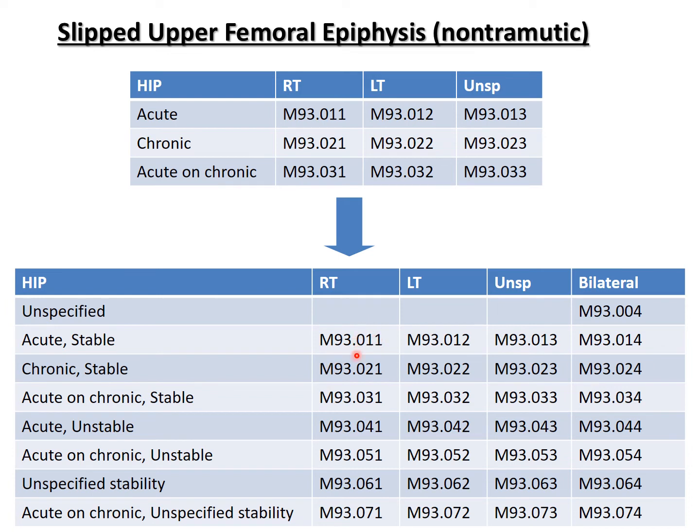Coming to the fifth character, 1 indicates acute stable, 2 indicates chronic stable, 3 indicates acute and chronic stable, 4 indicates acute unstable, 5 indicates acute and chronic unstable, 6 indicates unspecified stability, 7 indicates acute and chronic unspecified stability. So assign the appropriate code, checking the stability, laterality, and the severity of the condition.